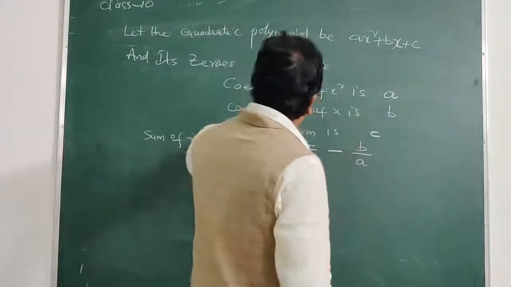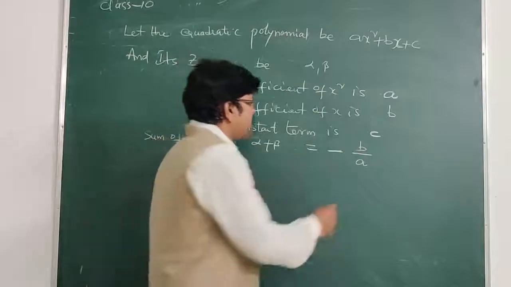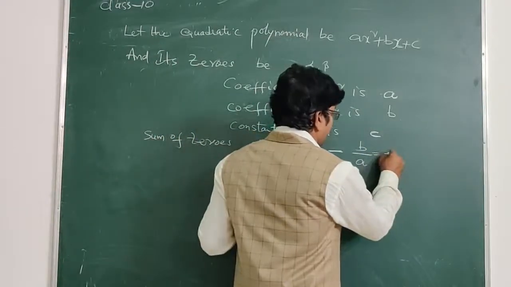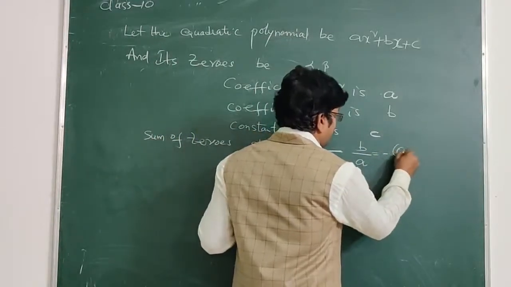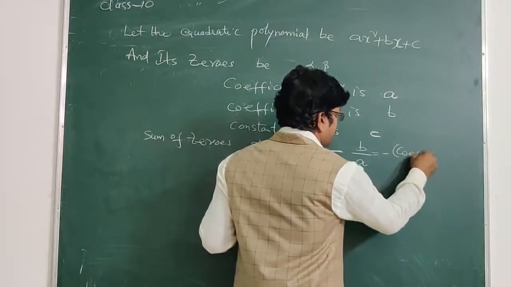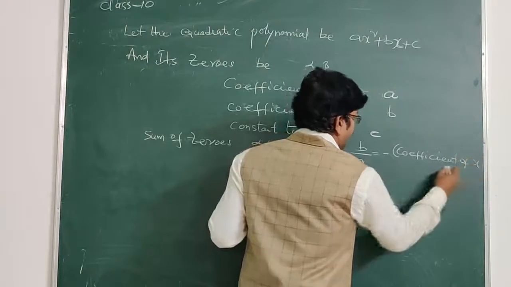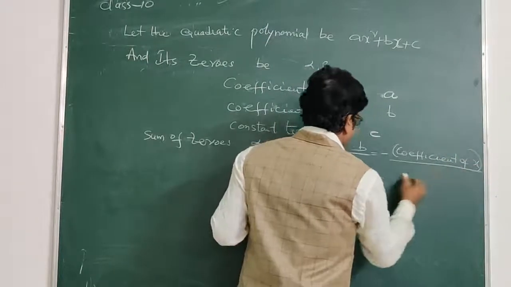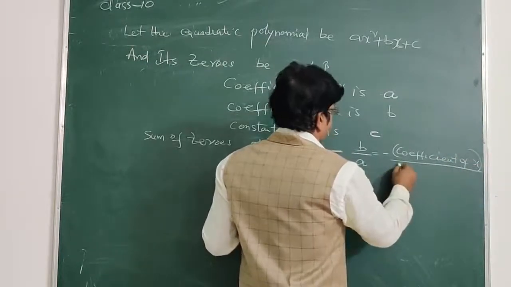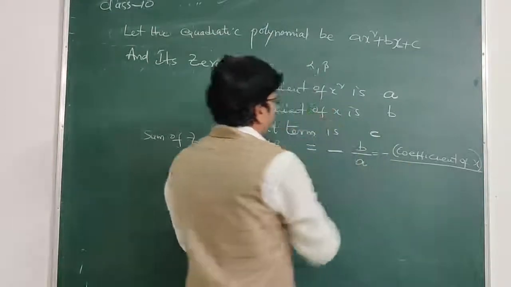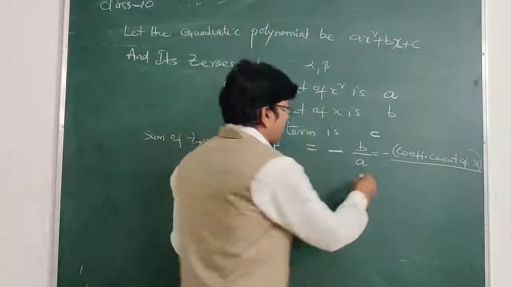B means what? Coefficient of x. This is equal to minus of coefficient of x by coefficient of x square. A means coefficient of x square.